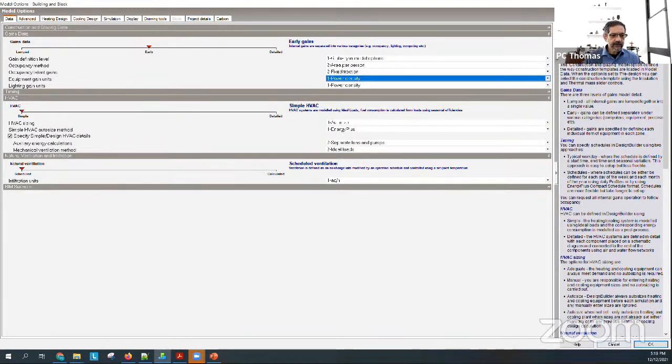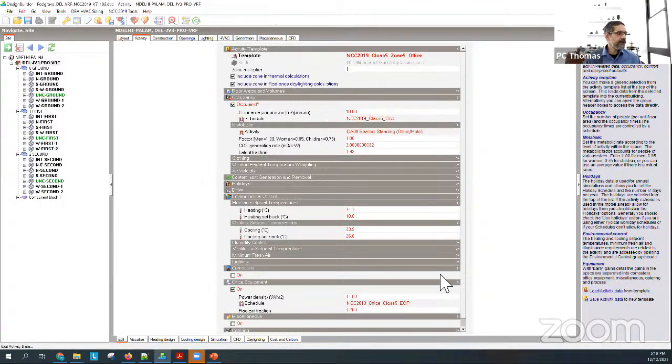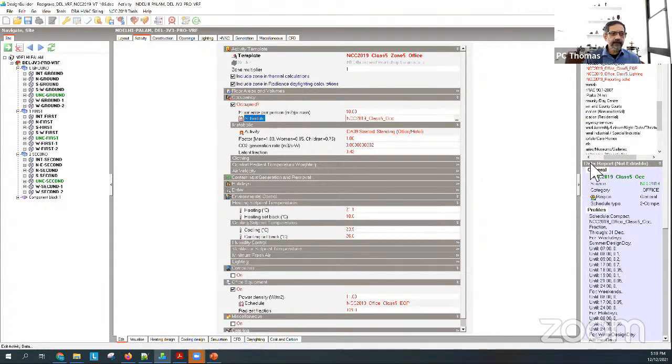Once you've got that all done, and this is building on all the other things that we talked about, now I have 10 meters squared per person. And then I have a schedule for occupancy. And again, I remember the schedule that Mansi had in her slide presentation.